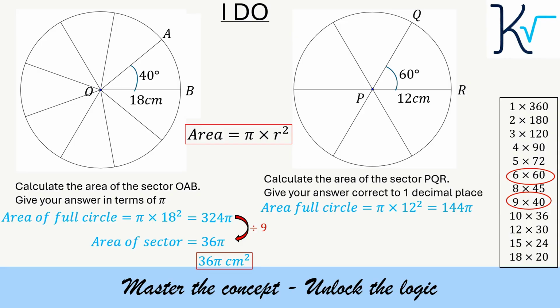When we divide by 6, we get our answer. Now in the question they want the area correct to 1 decimal place, and this is where we enter the whole calculation in our calculator and round it to 1 dp. That would give us 75.4. Once again, the radius was in centimeters. The appropriate unit of area therefore would be centimeters squared.